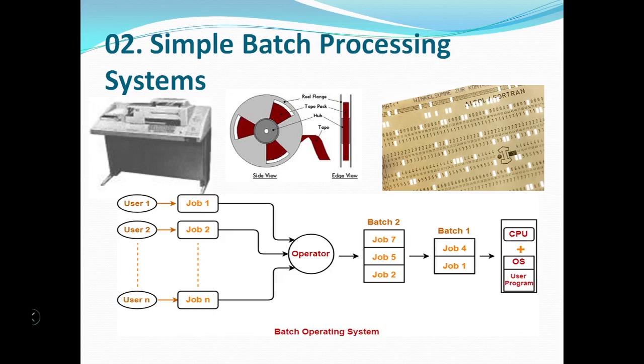The monitor is a special software component which always resides in the memory. Its duty is to sequence the jobs. And another important thing is that interrupts were introduced with this system.